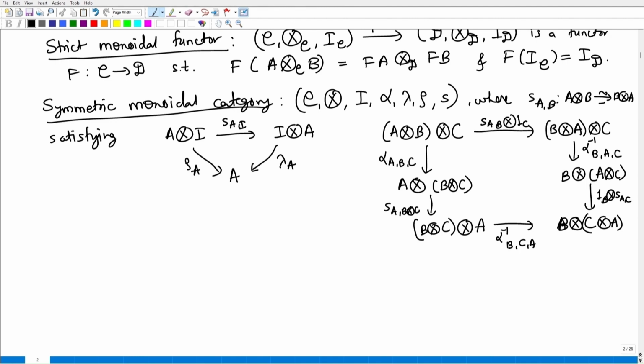So this diagram is required to commute, and finally that S_AB is its own inverse. Right, so that's also important. So we write it like this: A tensor B, and this is equality, and we have B tensor A in between. So S_AB, and this is S_BA.